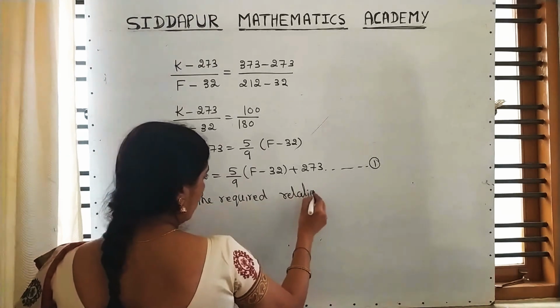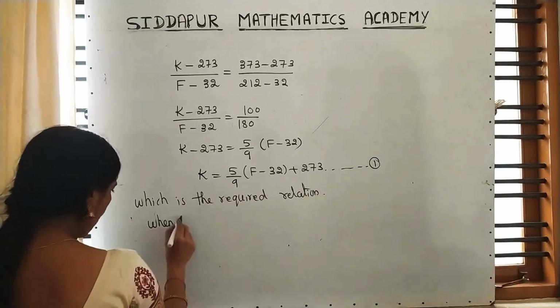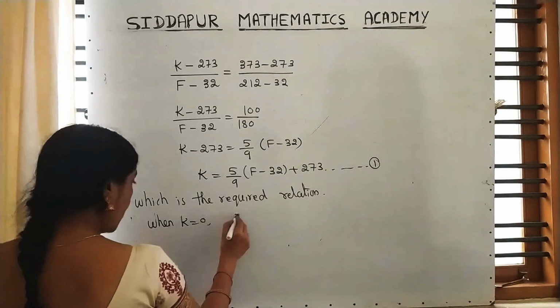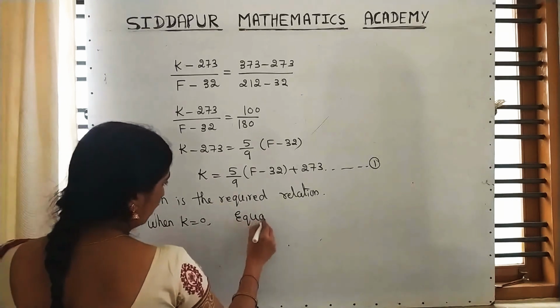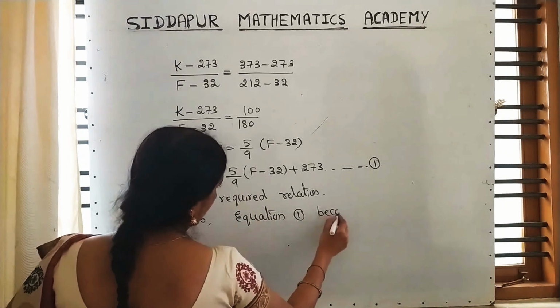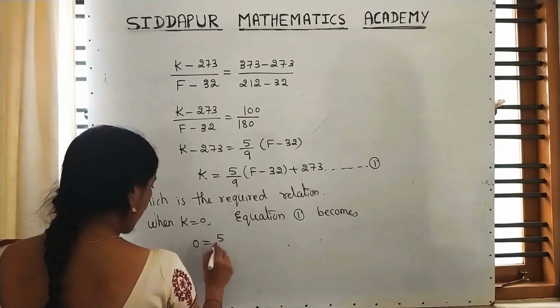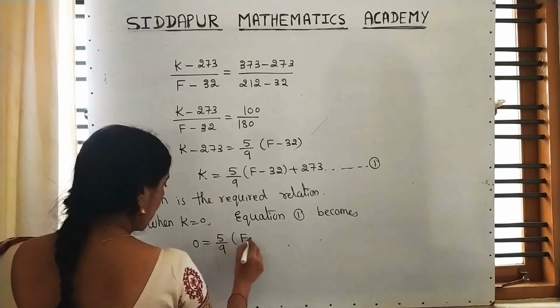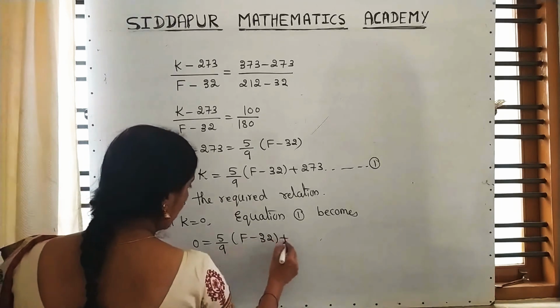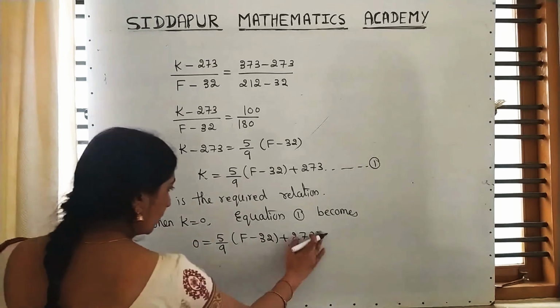And last, one more value we have to find. When K is equal to 0, equation 1 becomes 0 is equal to 5 upon 9 into F minus 32 plus 273, and take 273 on this side.